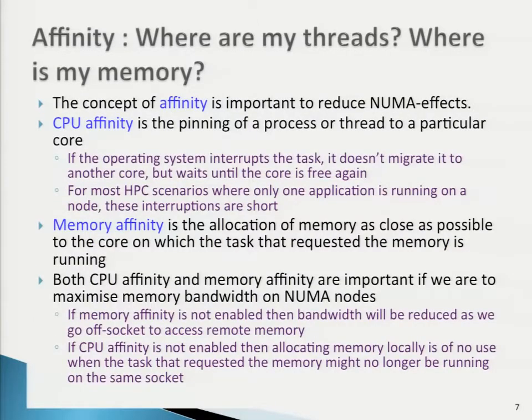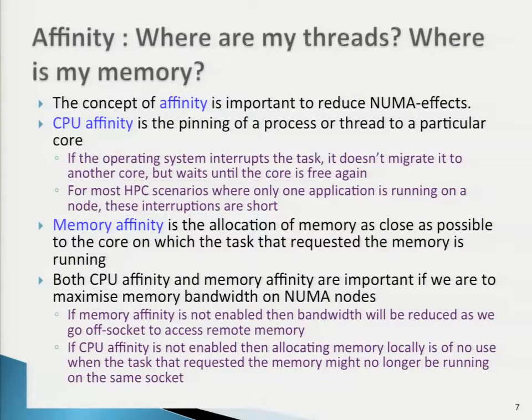And the idea of what we call affinity is essential to understanding and reducing NUMA effects. There are really two types of affinity that we're concerned with. The first is CPU affinity, which is the pinning of your threads or processes to a particular core.